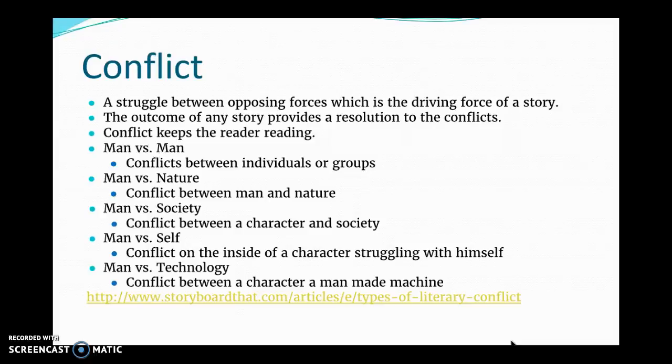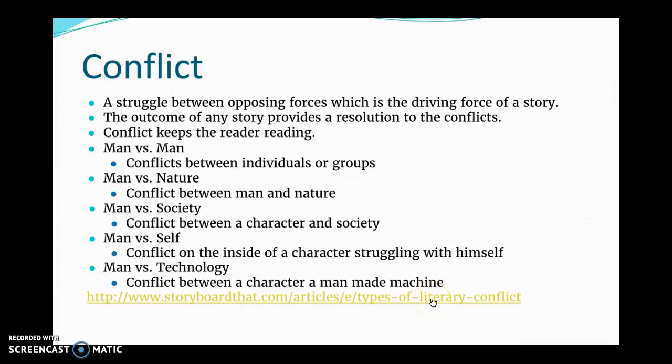Man versus nature, conflicts between man and nature. Man versus society, which is a conflict between a character and society. Man versus self, conflict on the inside of a character struggling with him or herself. Man versus technology, which is a conflict between a character and a man-made machine.